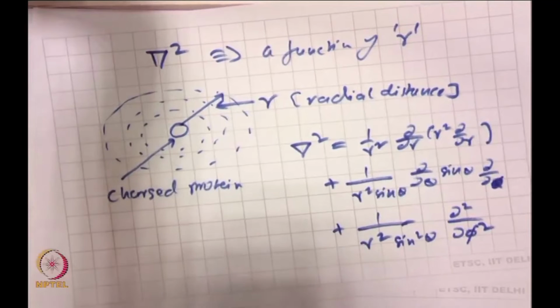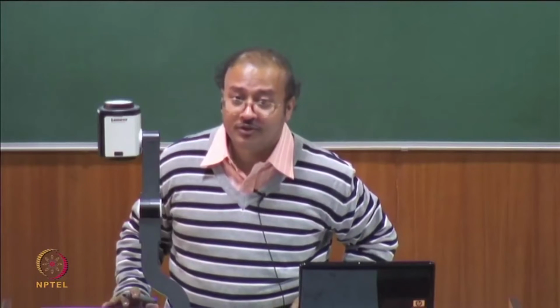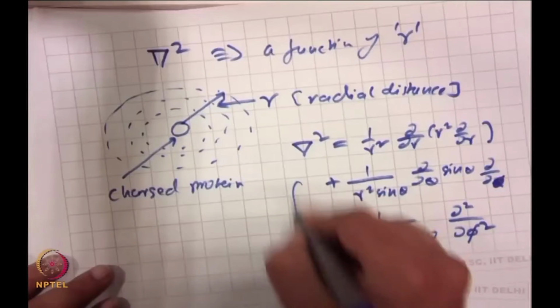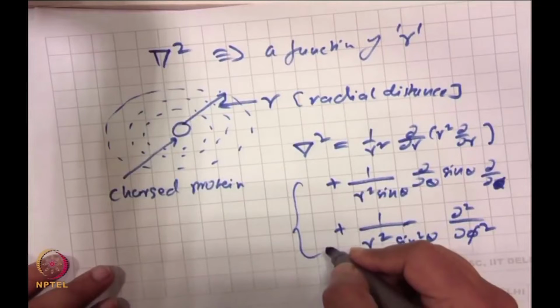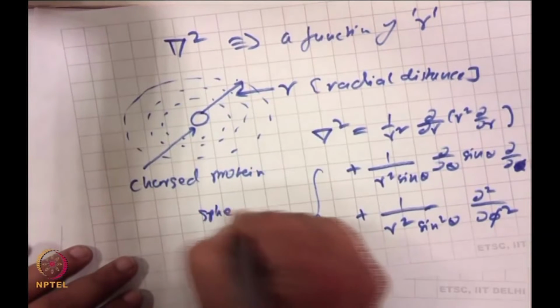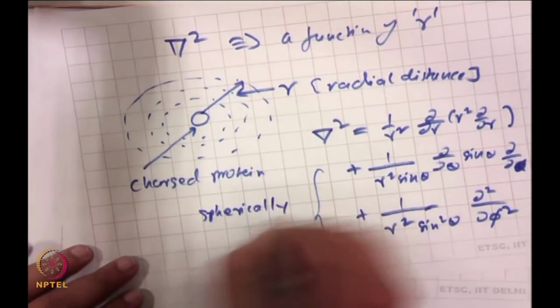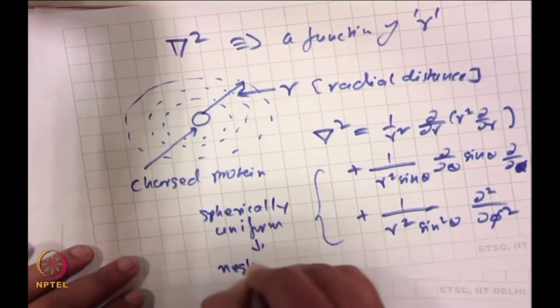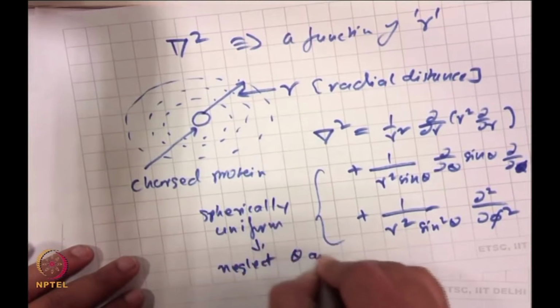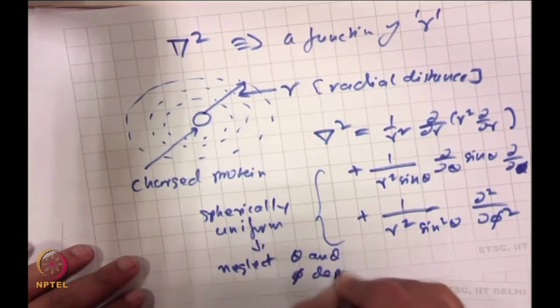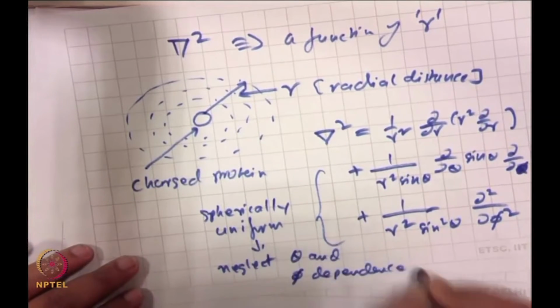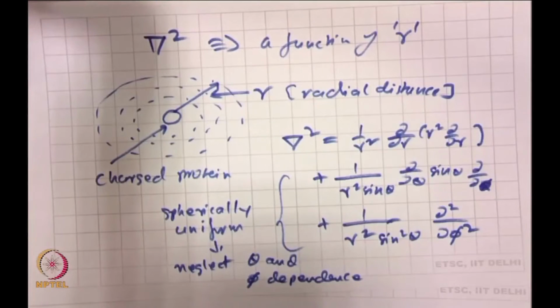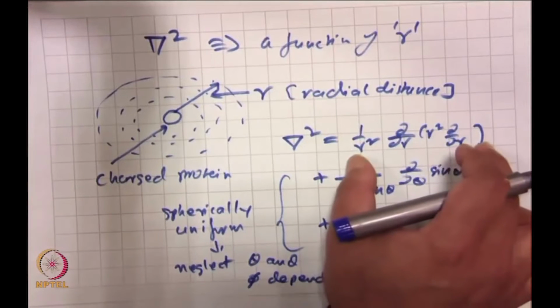This is your total Laplacian in spherical polar coordinates. So, out of these, because we are considering a spherically uniform potential, neglect theta and phi dependence. So, the only term that remains is the first one.